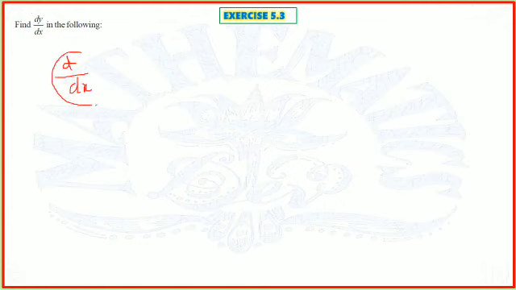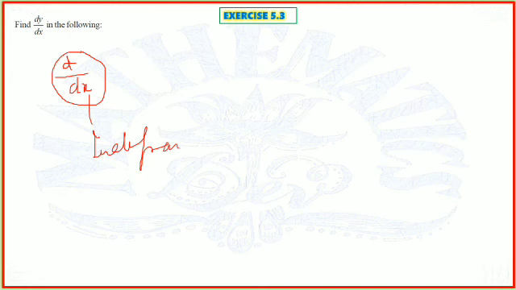Now we start our next exercise, exercise number 5.3, a simple and general way of differentiating the functions. So here we start, find dy over dx. One thing you need to be very particular about is that this d over dx is called an operator, and here x is called the independent variable.